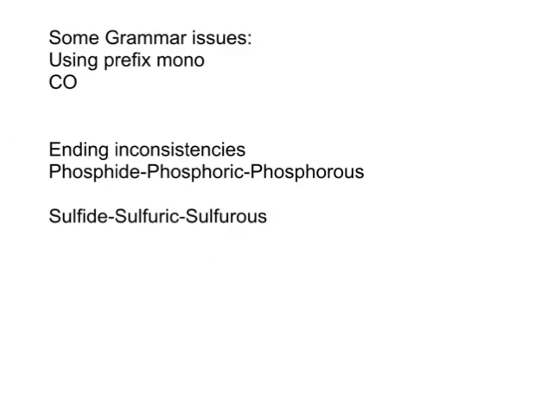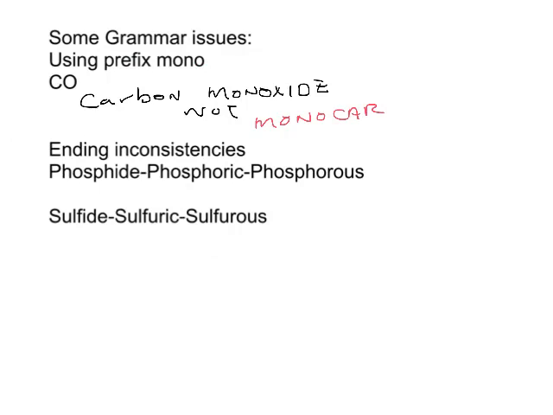Okay. When you get to the one rule on the flowchart where you use the numeric prefixes, let's talk about using the prefix mono. This is properly carbon monoxide, not monocarbon monoxide.